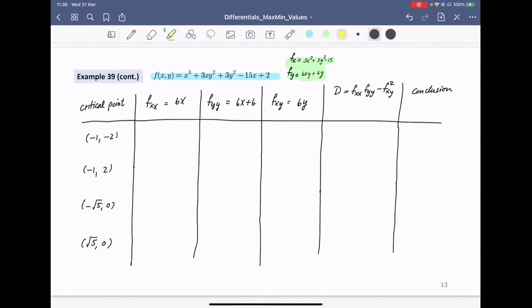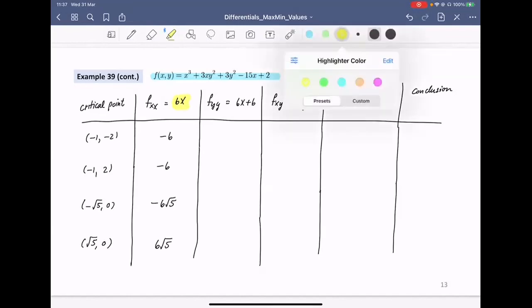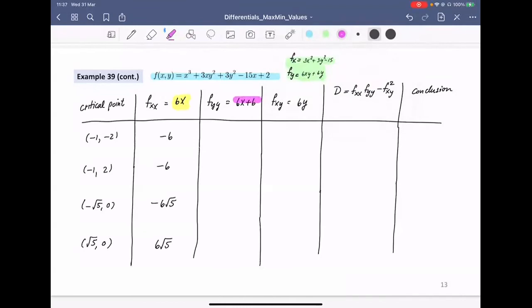So on the first column, you have fxx equal to 6x. So this number is going to be -6, and -6 square root 5, and that is going to be 6 square root 5. Can you follow me? Good. And then the next column, I'm going to use the pink highlighter: 6x plus 6. When I plug in x equal to -1 into the function that I highlighted in pink, I get 6 times -1 plus 6, which is 0, right?